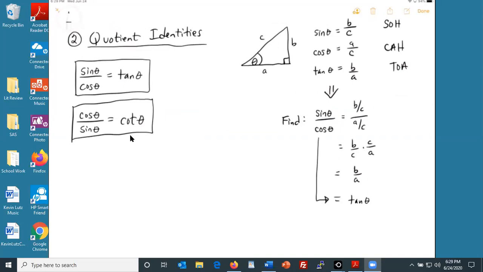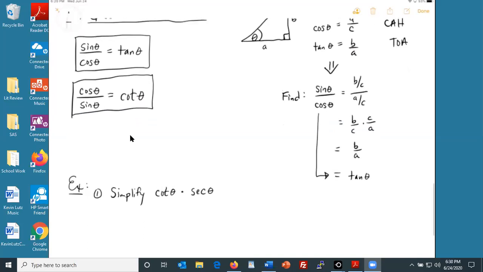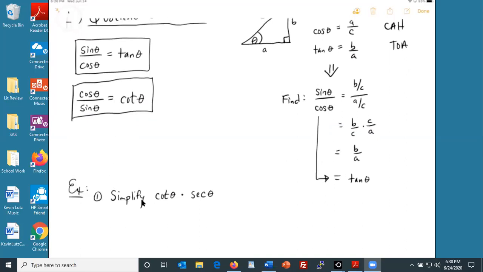All right, now let's do some examples. Okay, so number one, suppose you were asked to simplify the cotangent of theta times the secant of theta. Now how would you do something like this?